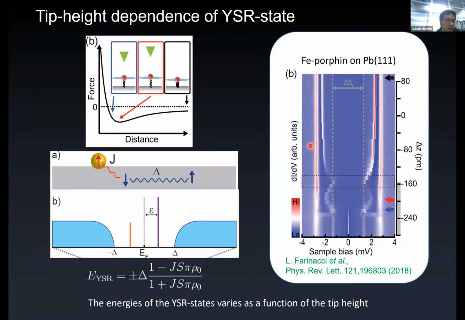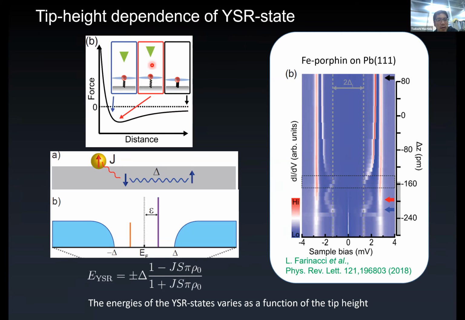Okay, so second, another most important test to distinguish between the Yu-Shiba-Rusinov states and the Majorana zero mode is the tip height dependence of the tunneling spectrum. As shown here, the magnetic impurities underneath the tunneling tip always experience this Lennard-Jones-like atomic force from the STM tip.